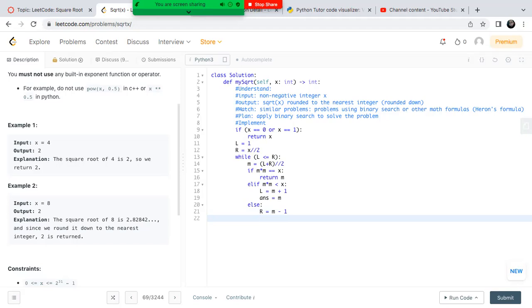After we're done with this binary search algorithm, we return the answer, so that's it.